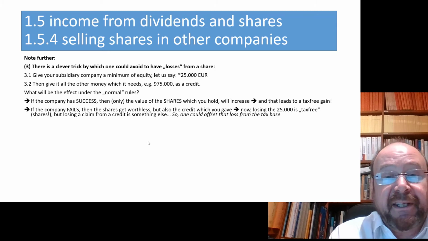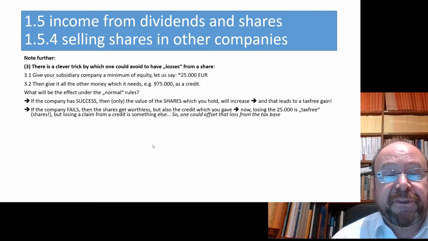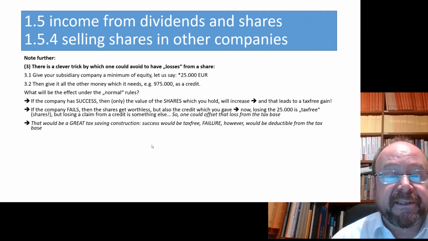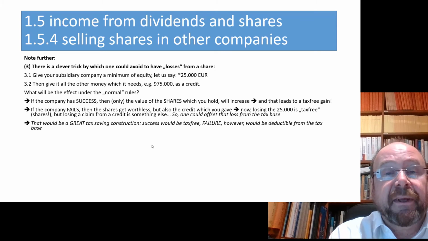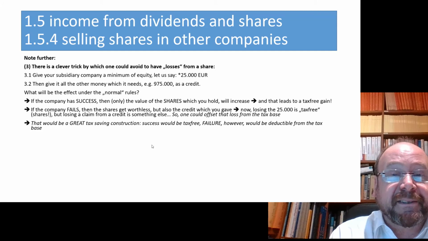And now you could say this is not a loss from selling a share, so you could, under normal rules, offset that against the tax base. That would be a really great tax saving model, because whenever you have success, it's tax-free, and whenever it goes wrong, you can lower your tax base.